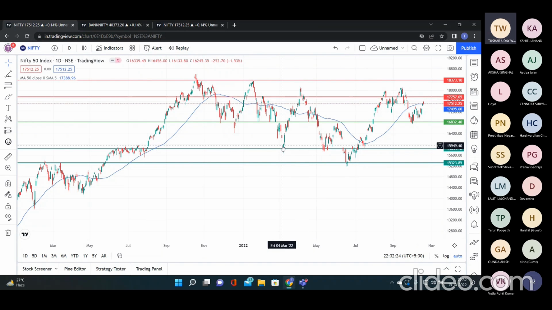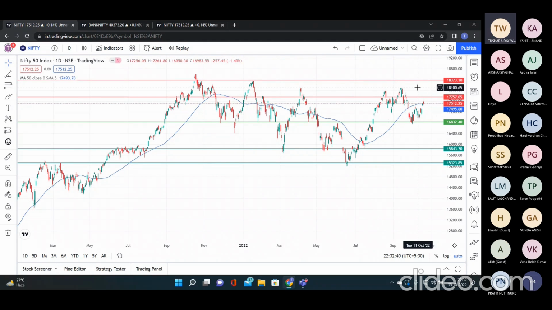So if you had seen this support at this stage, you had a chance to invest in May of 2022, and today it would have given you around 10 to 12% return.